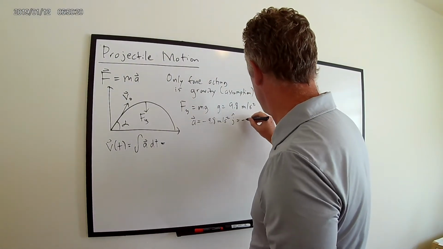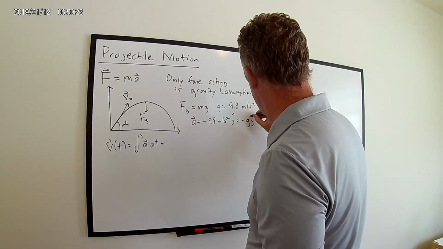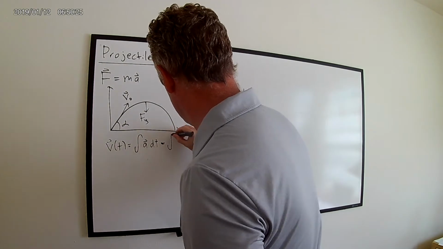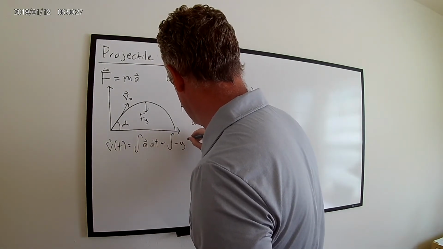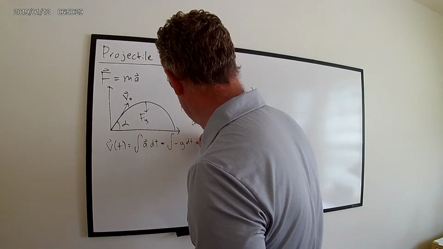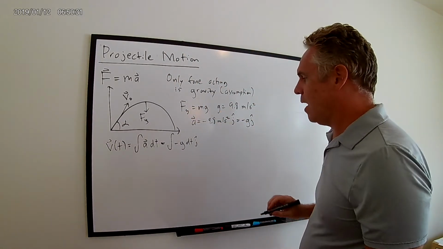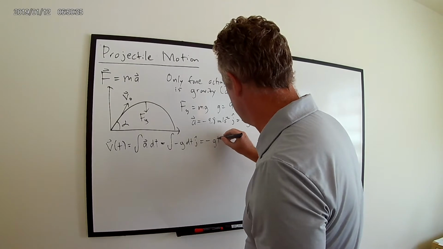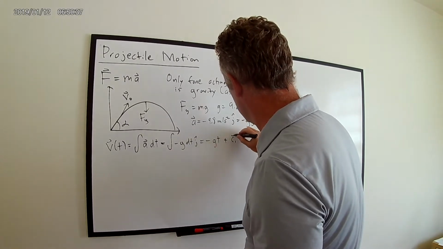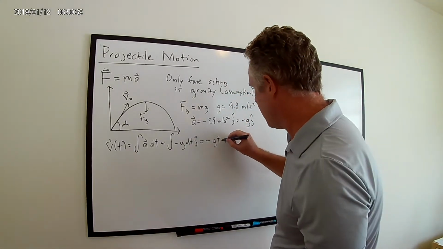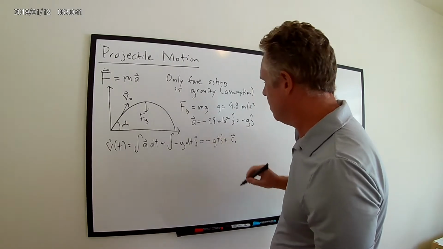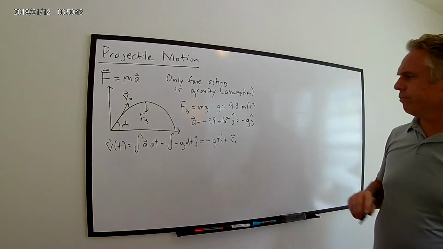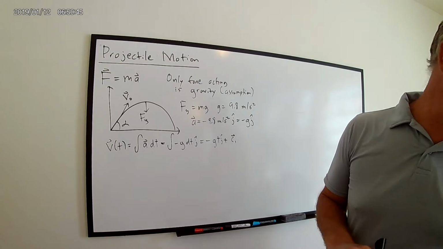This is equal to minus g times j hat. So I get the integral of minus g dt j hat. And if I integrate this, I get minus gt j hat plus an integration constant c1.